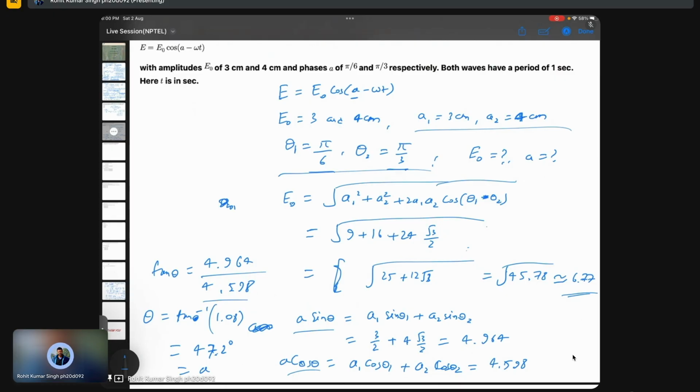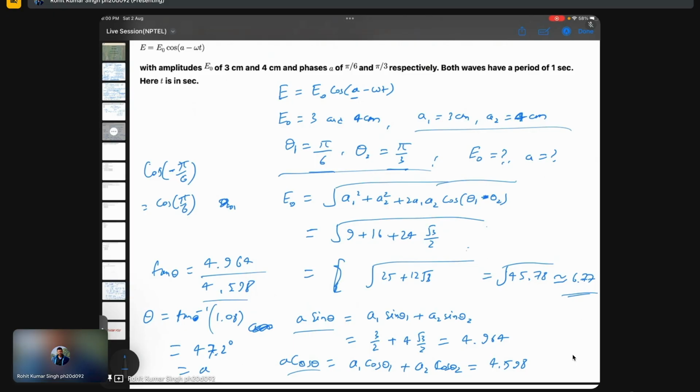So it will be basically cos minus pi by 6, right? And cos minus pi by 6 is just cos pi by 6, which is root 3 by 2.